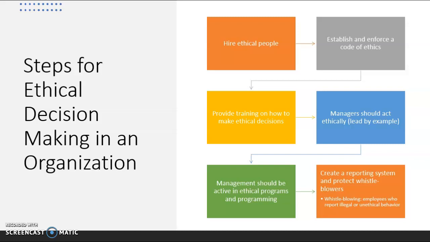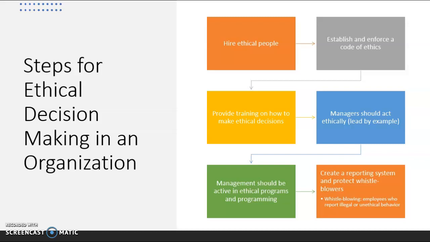One of the best things that can be done is when managers lead by example and to have ethical leaders. And these managers should also be active in ethics programs, as well as setting up programs for ethical behavior. And then lastly, creating and reporting a system to protect whistleblowers. I'm sure you've heard the concept, but a whistleblower is an employee who reports illegal or unethical behavior.